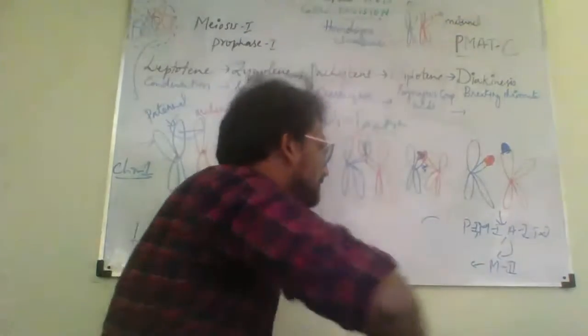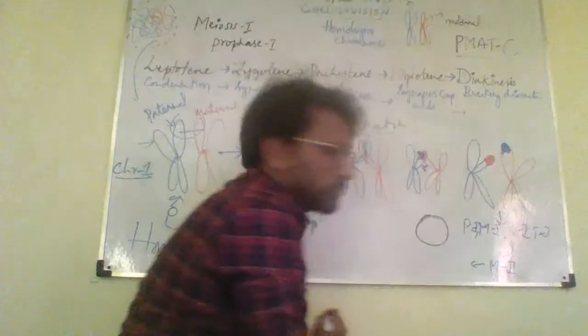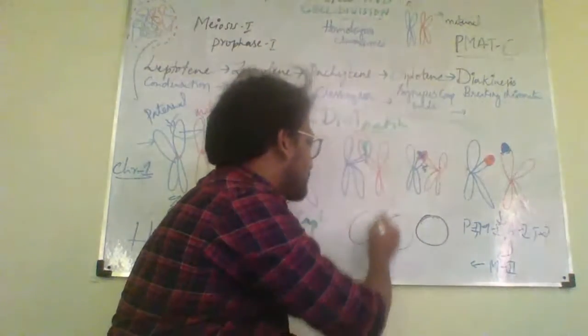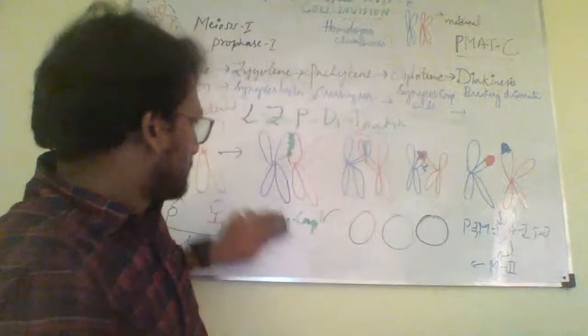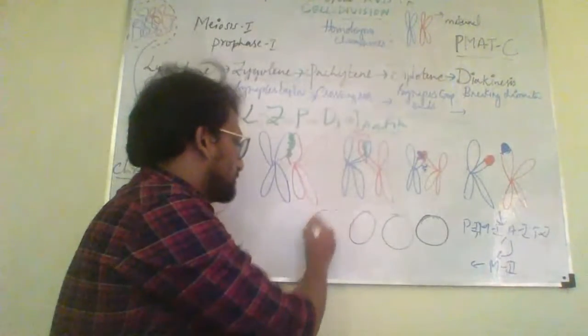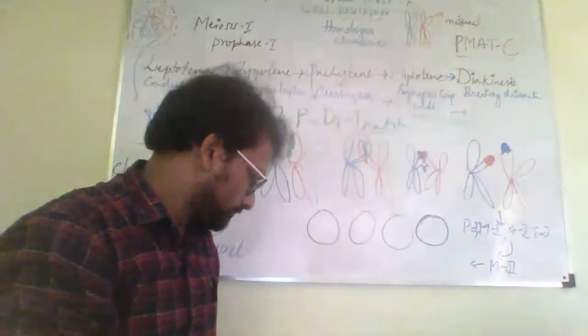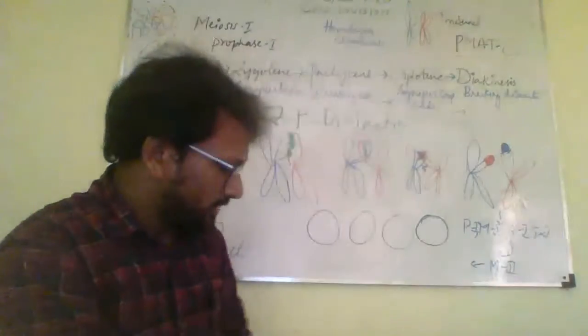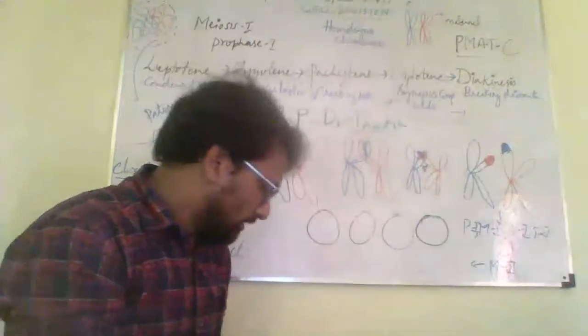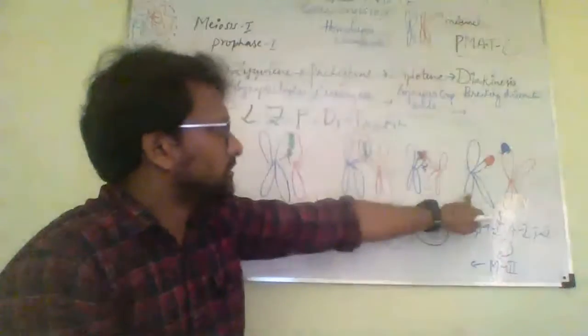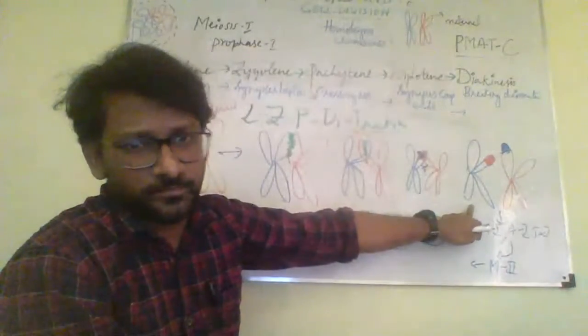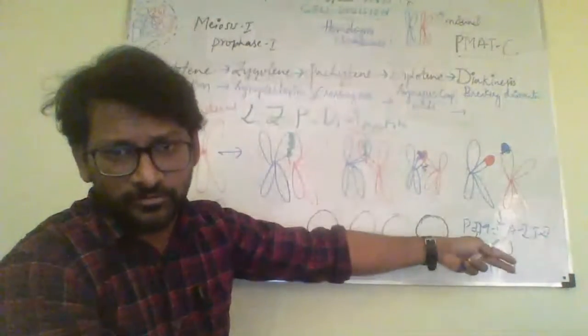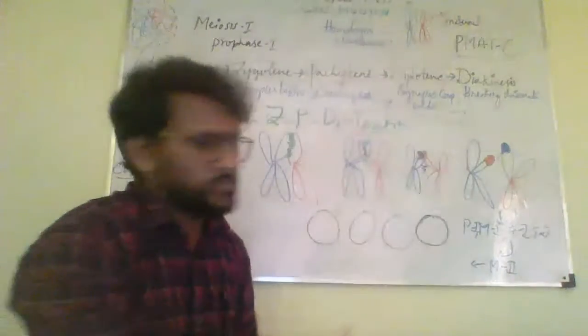Let me take a different color. So 1 cell, 2 cell, 3 cell, and a 4th cell. Each cell would contain chromosomes, but reduced to half after the exchange.